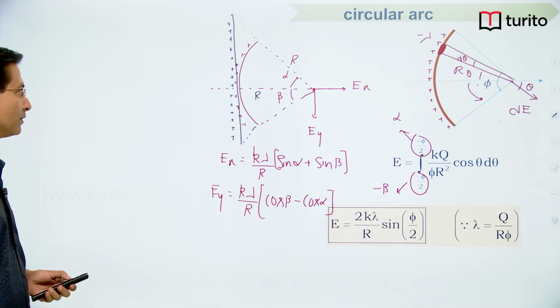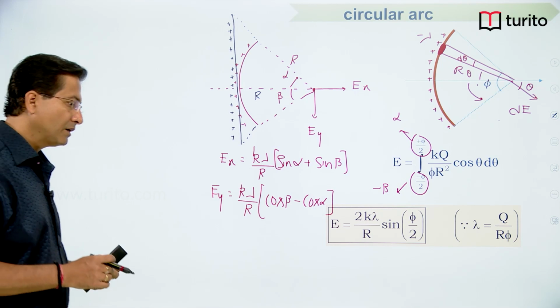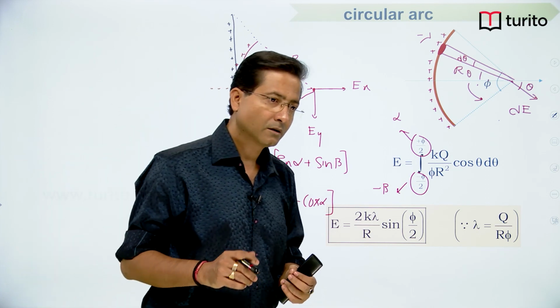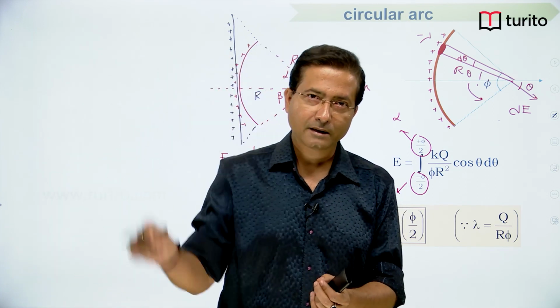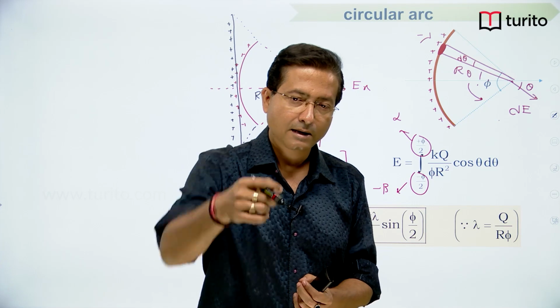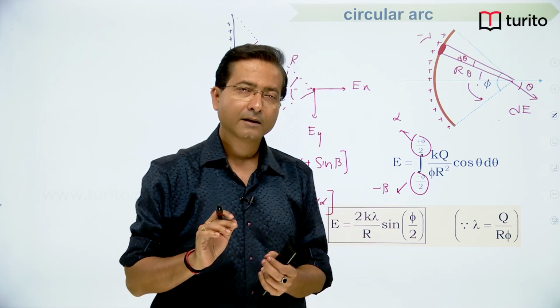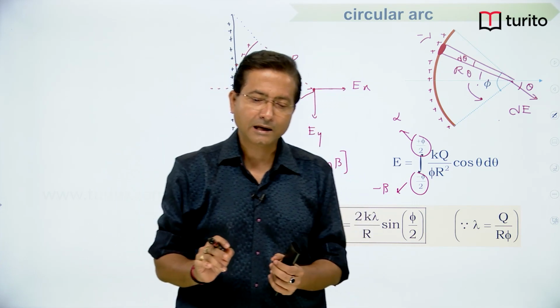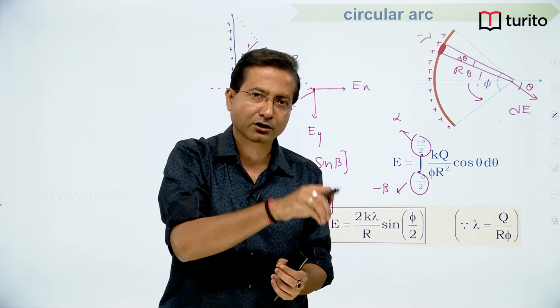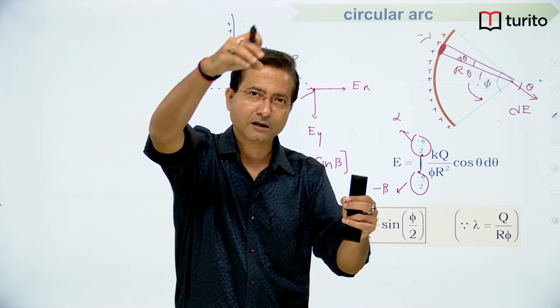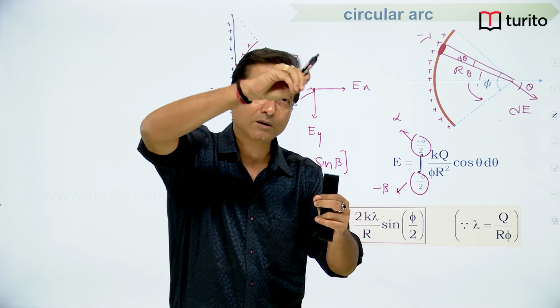So circular arc over. What we have done till now, we have seen the field produced by ring at any point on the axis at the center. Then we saw even if we have the distribution which are symmetrically placed about the axis, the formula is same.